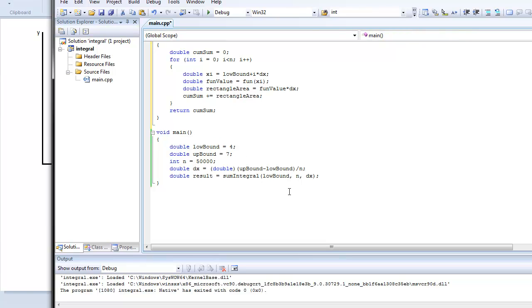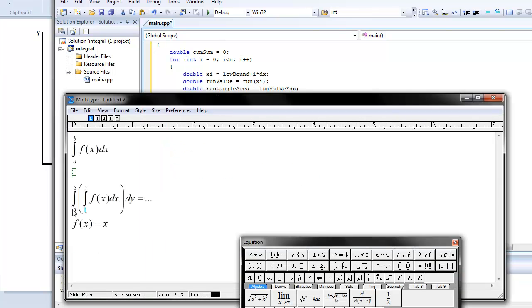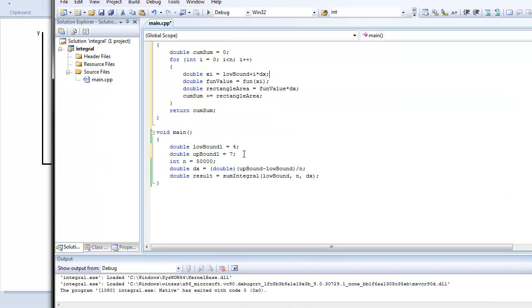So low bound 1, upper bound 1. This actually refers to these two bounds, these outer bounds 3 and 5. Let's keep it simple now.